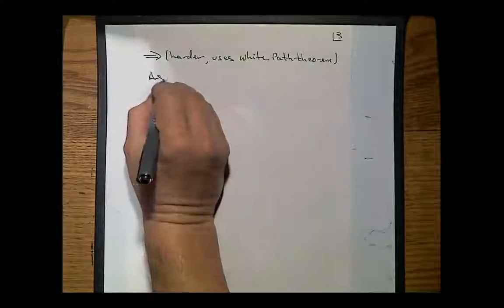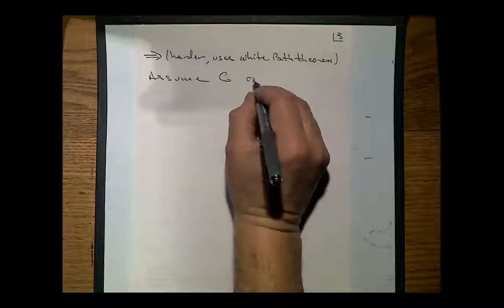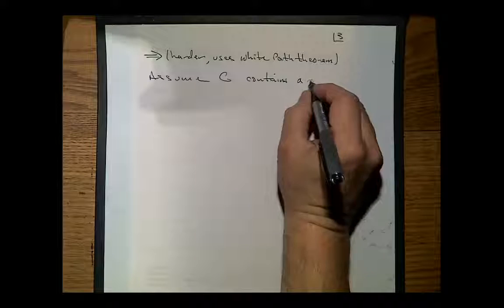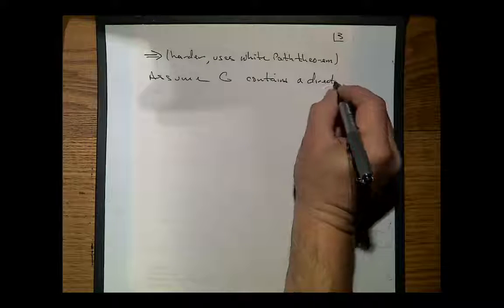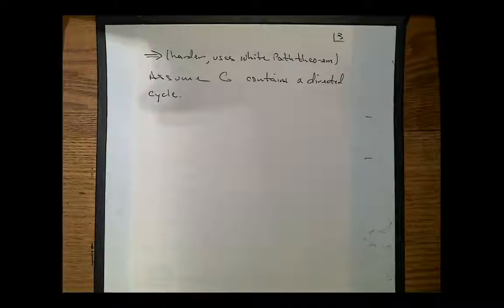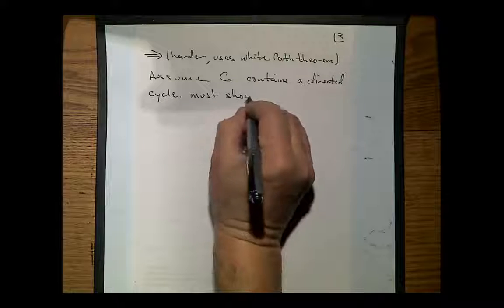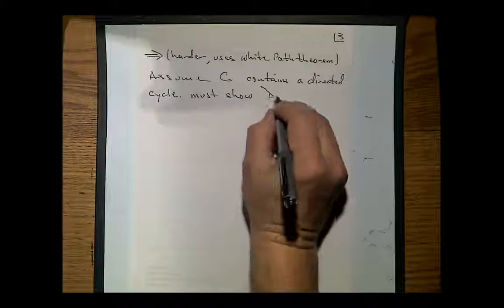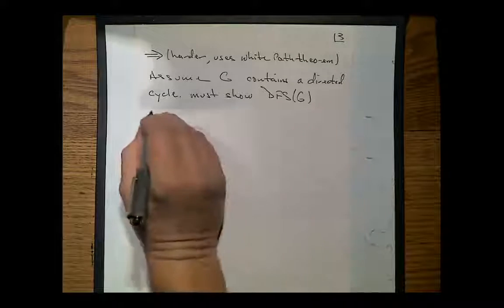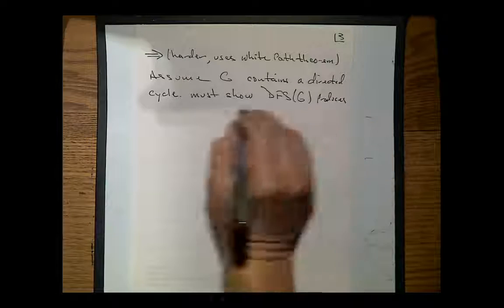Assume G contains a directed cycle. Must show DFS on G produces a back edge.